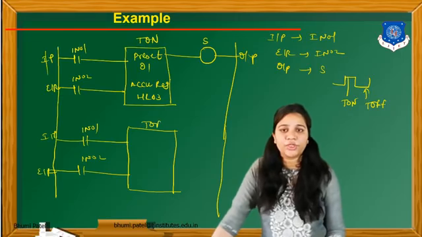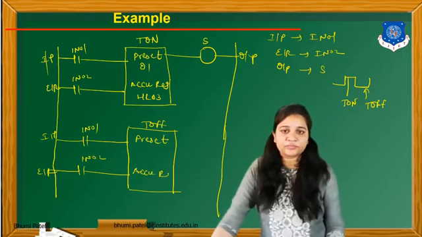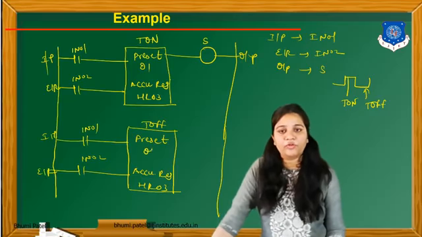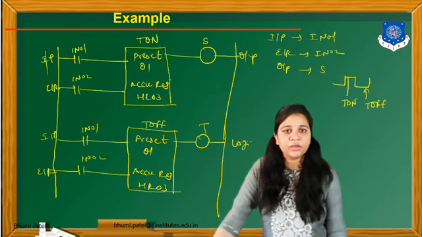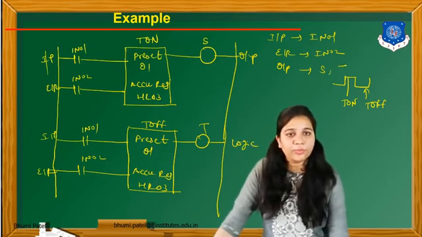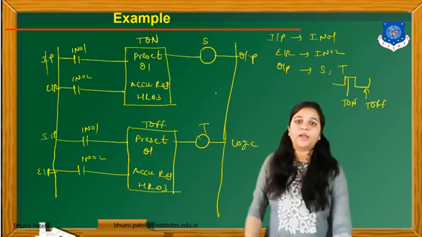Here we have to use T off, then reset. Here the accumulator register is the same as above, and the preset value for the T off is again 01. And this is my logic for the timer. And we have to take 2 outputs, T and S.